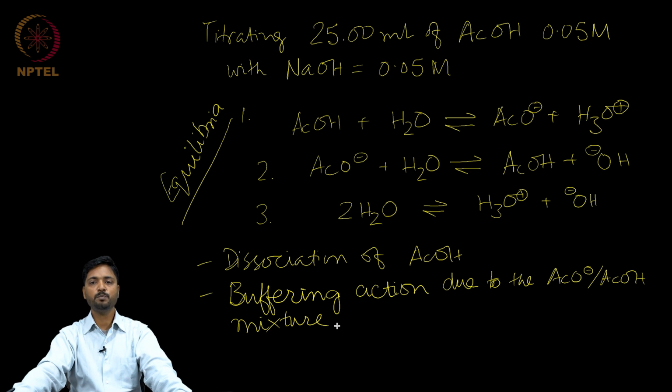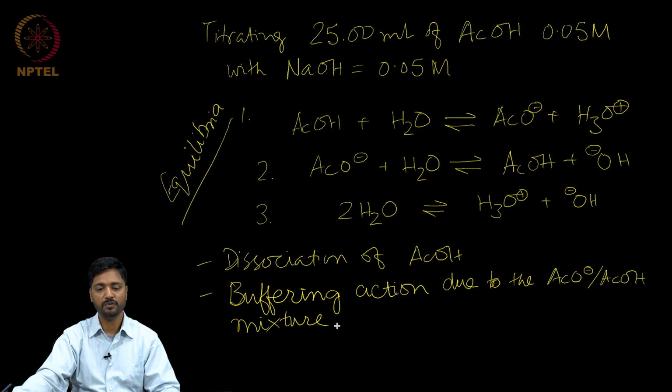Now with these points, let us try to calculate what are the pH values at different points on titration of acetic acid with sodium hydroxide.